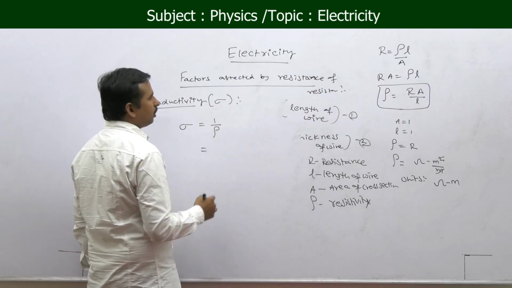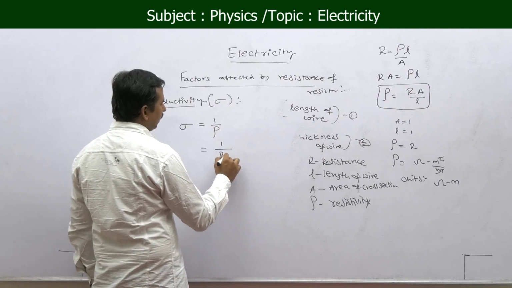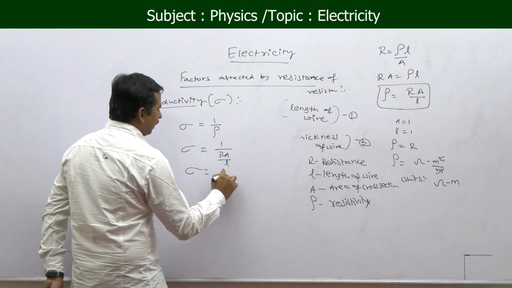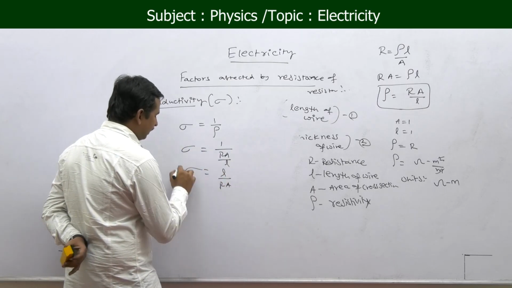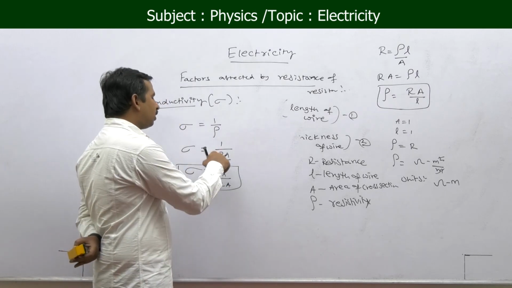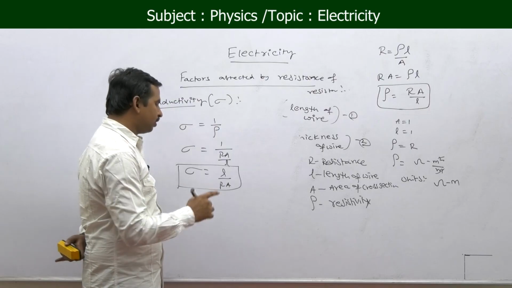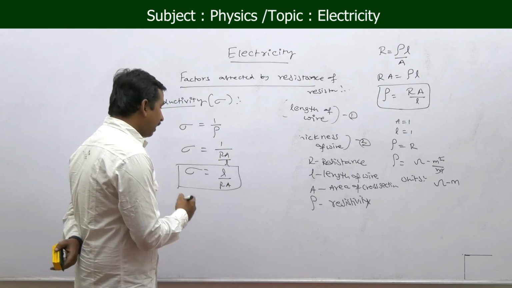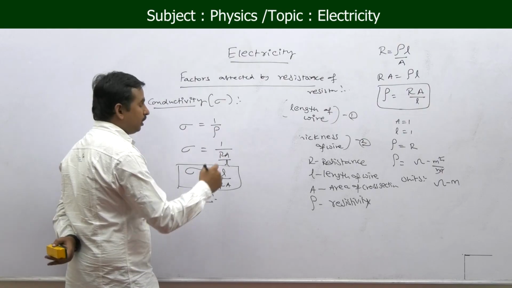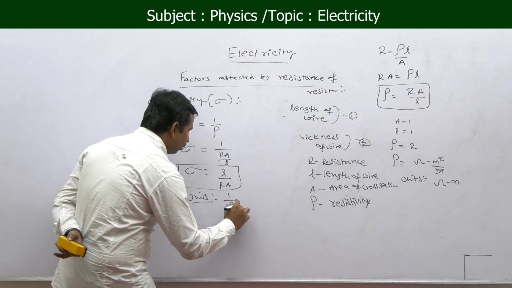So we know that rho is equal to RA by L. Then sigma is equal to L by R into A. This is the formula. Okay. So as rho is equal to RA by L, if you substitute that, sigma is equal to L by RA. And what about the units of conductivity? Since we have resistivity in ohm meter, we get 1 by ohm meter.